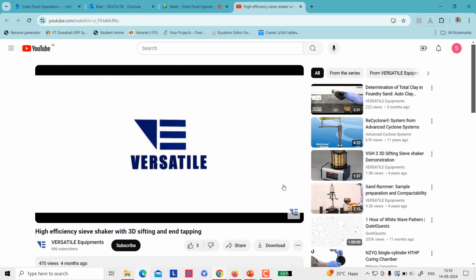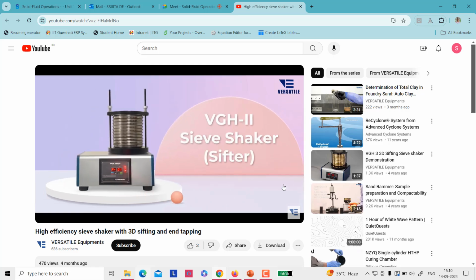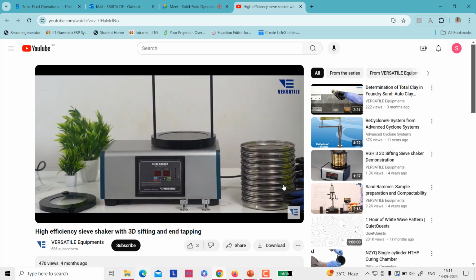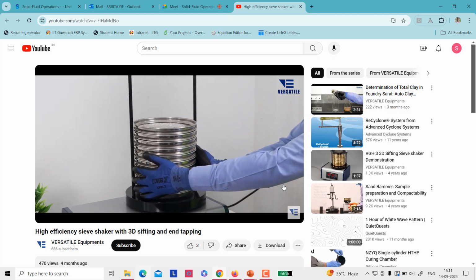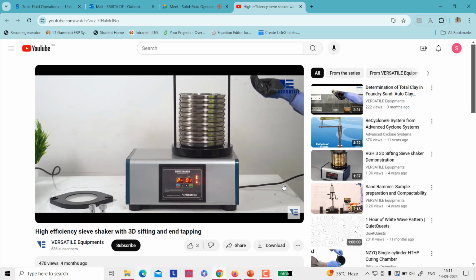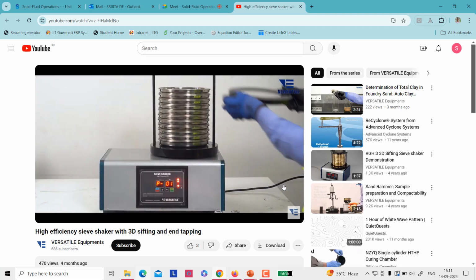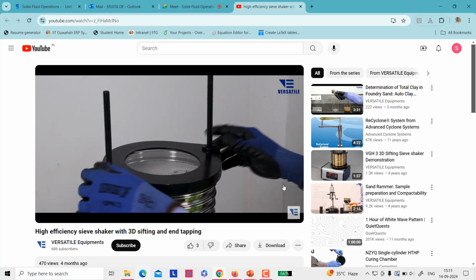So this is the lab scale sieve shaker, which almost everyone has seen. They are giving some bigger particles and shaking.